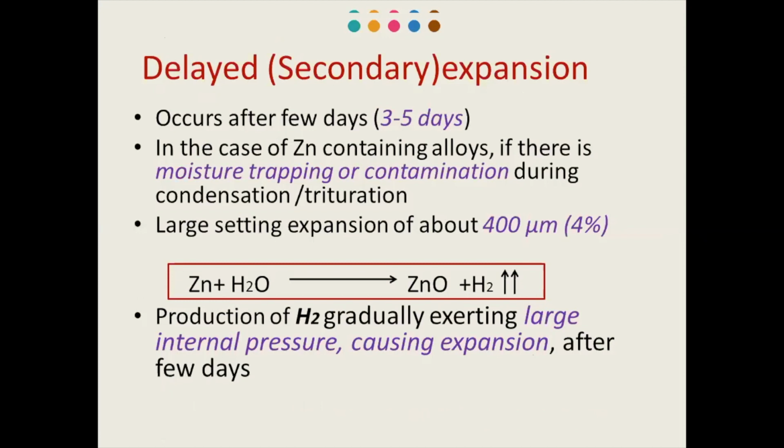Either zinc containing low copper or high copper amalgam, if it gets contaminated by moisture during the manipulation, the expansion that occurs after a few days and continues for a month is known as delayed expansion. And this moisture contamination should occur during the condensation or the trituration procedure.